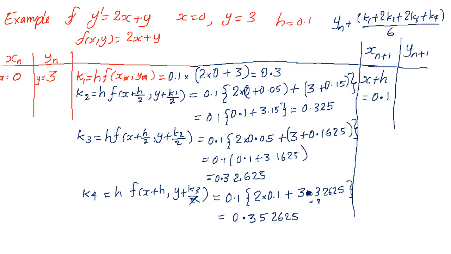So you can substitute yn as 3 plus k1, which is 0.3, plus 2 into 0.325, plus 2 into 0.32625, plus k4, that is 0.352625.